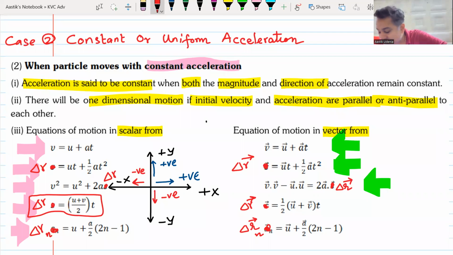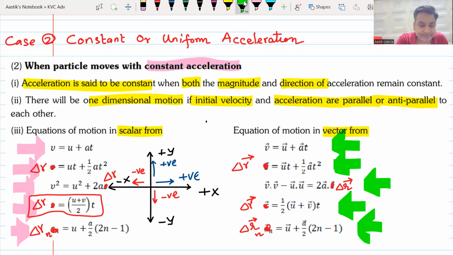I'll tell you how this equation comes. But first note down the rest of the equations, and then I will tell you how this equation has come. I'll give you 1 minute. Once you are done, please let me know so that I can start.